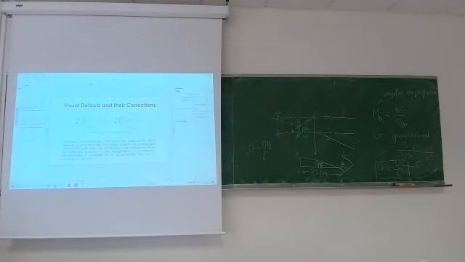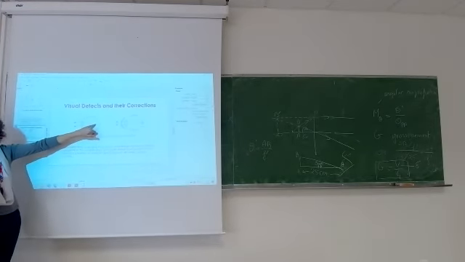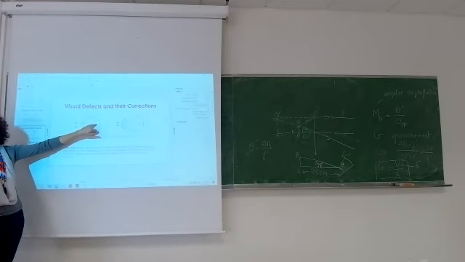Some visual defects, as we are doing today, are farsightedness and nearsightedness. So what does that mean? In nearsightedness, which is myopia, which is what we are doing now, your image is constructed in front of the retina.